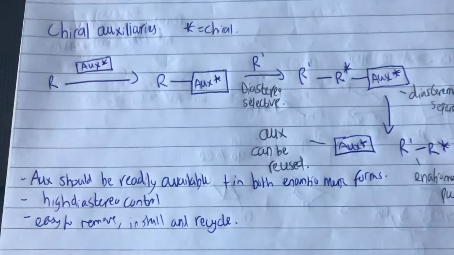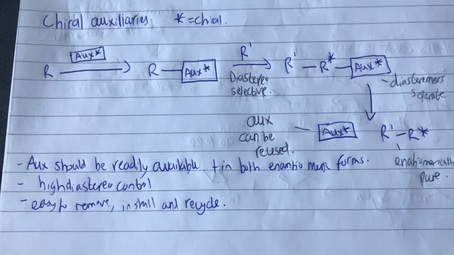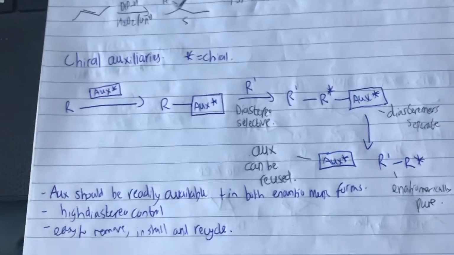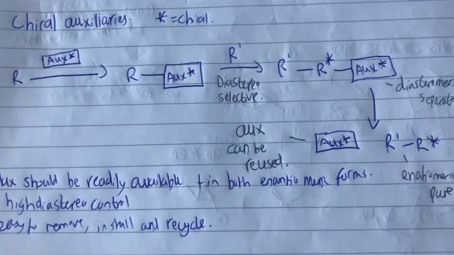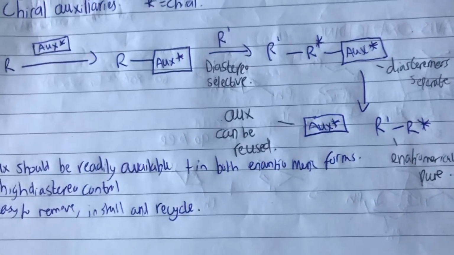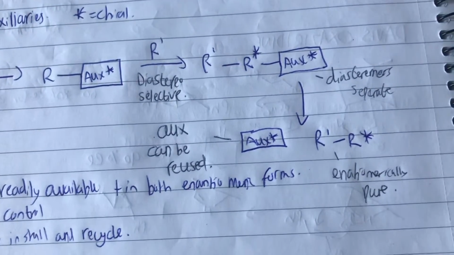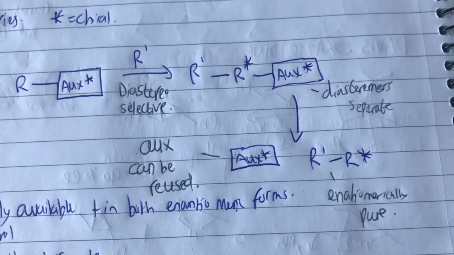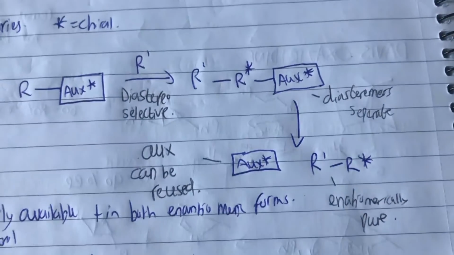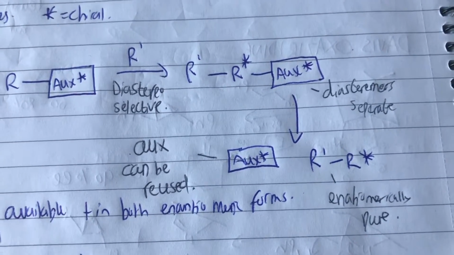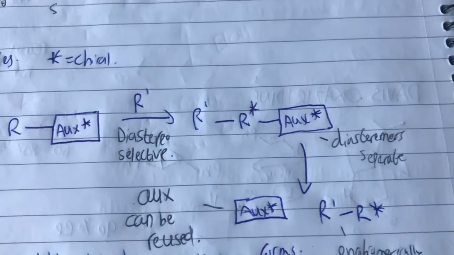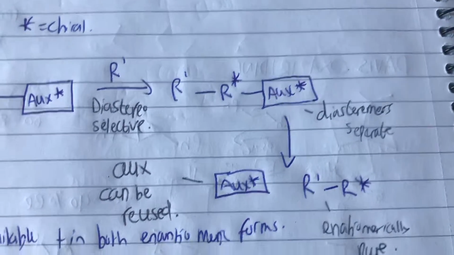Hi guys, in this video we're going to talk about chiral auxiliaries, and throughout this, when there's a star, that donates chirality. As you can see, we add the auxiliary to an R group. Another R group, because it's diastereoselective, the R prime binds to the original R group, and the original R group now becomes chiral with the chiral auxiliary.